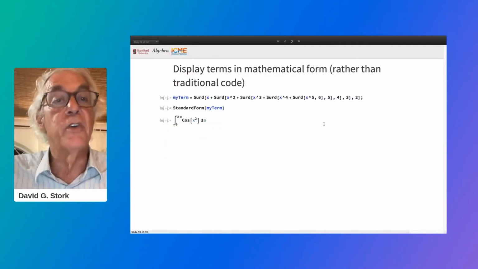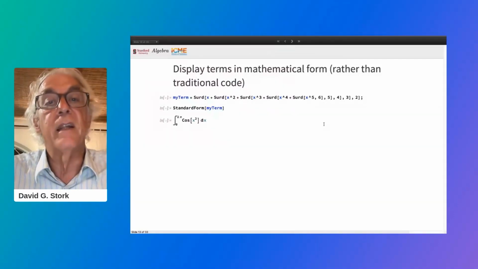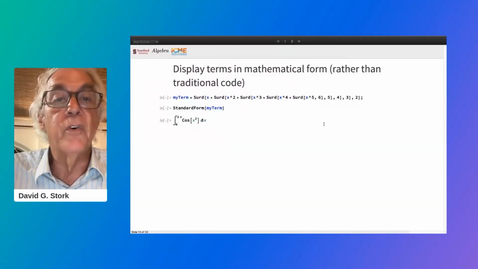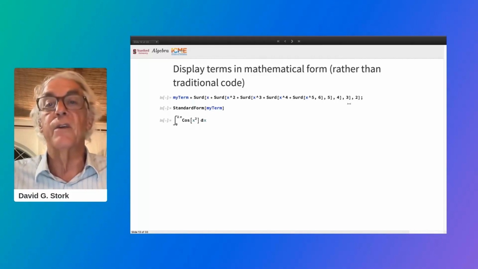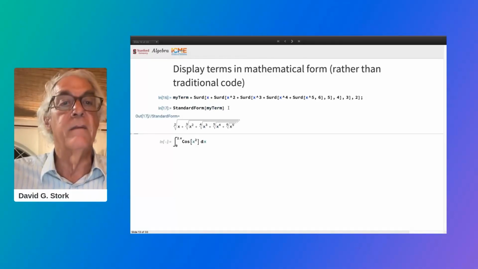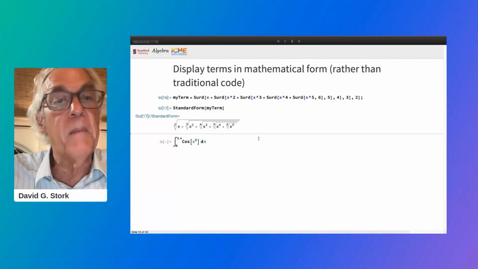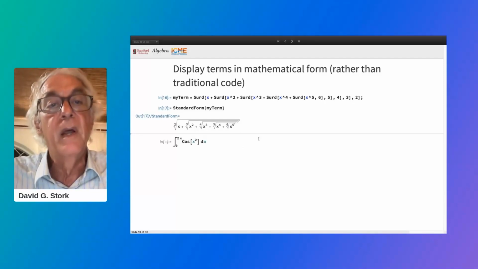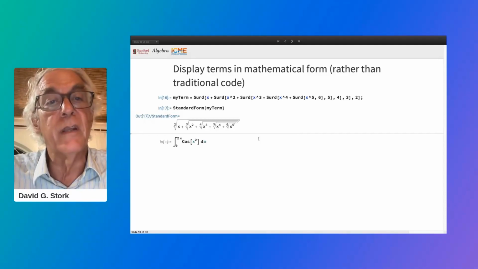What I like to do, and one of the benefits of Mathematica, is that it takes what I'll call computer science versions of equations, like here's my term, I define my term, and then you can see it in standard form. So I want the students to think mathematically, even though the manipulation is being done computationally.